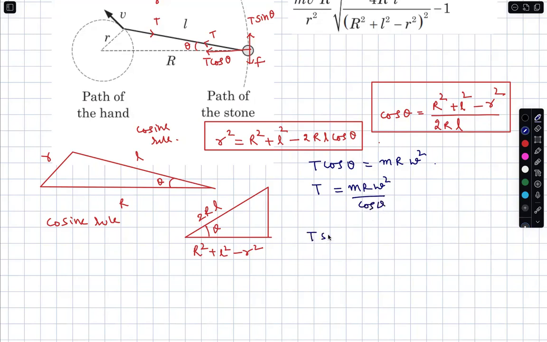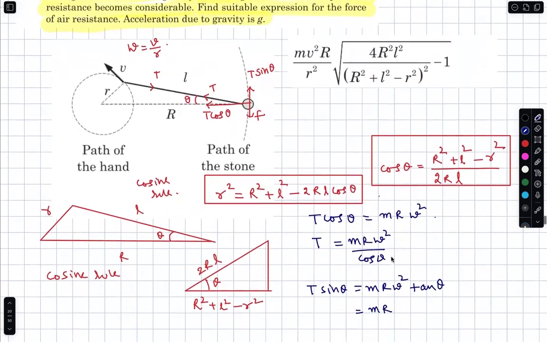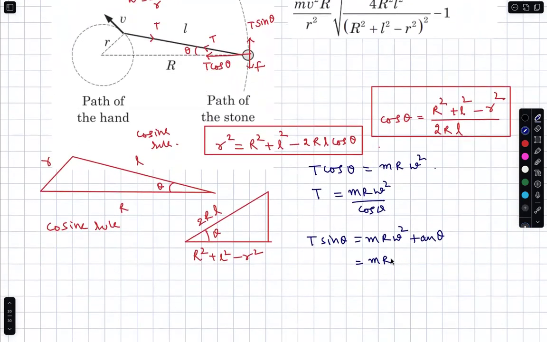And T sin theta is nothing but m r omega square tan theta, with omega as V by R, so V square by R square. Done. What is tan theta? Obtain the data from this. And I have done the question.